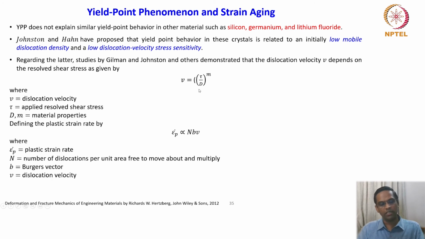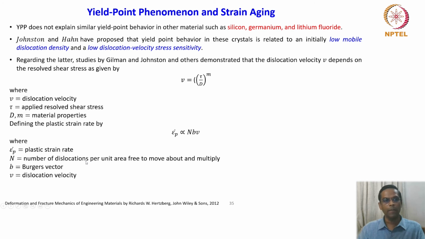So these researchers have looked at the parameters involving these terms. Here it is not just the number of dislocations. Here it is the number of dislocations per unit area which are free to move and multiply. So this is a very specific characteristic of a dislocation.